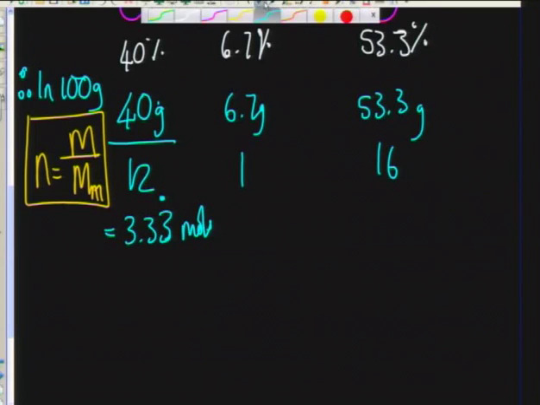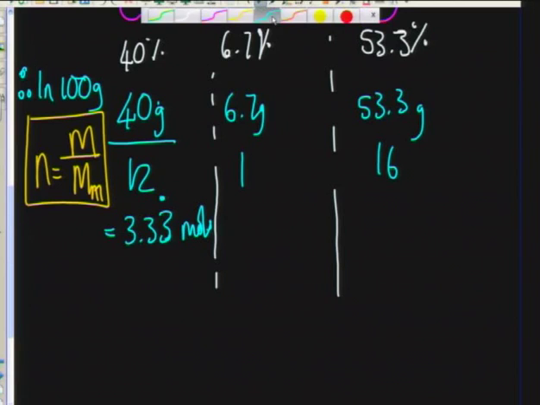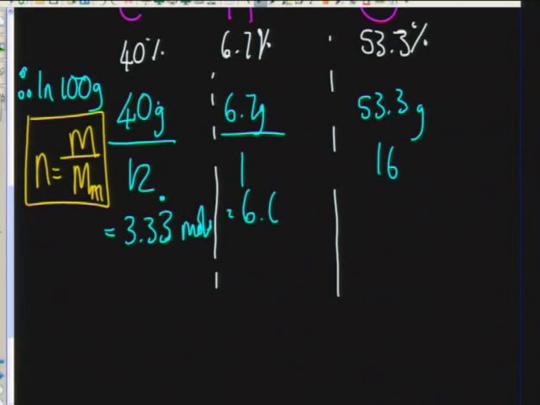Next, we're going to go with hydrogen. So I'm just drawing little dotted lines down the side here so we know what we're working with. For hydrogen, it's going to be 6.7 divided by 1, which is equal to, well, I hope that you would recognize that that's going to be 6.7 moles of hydrogen.